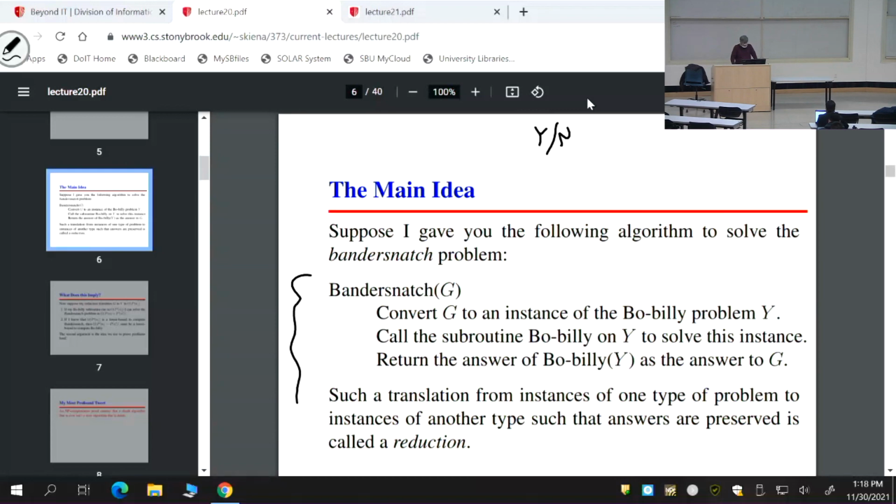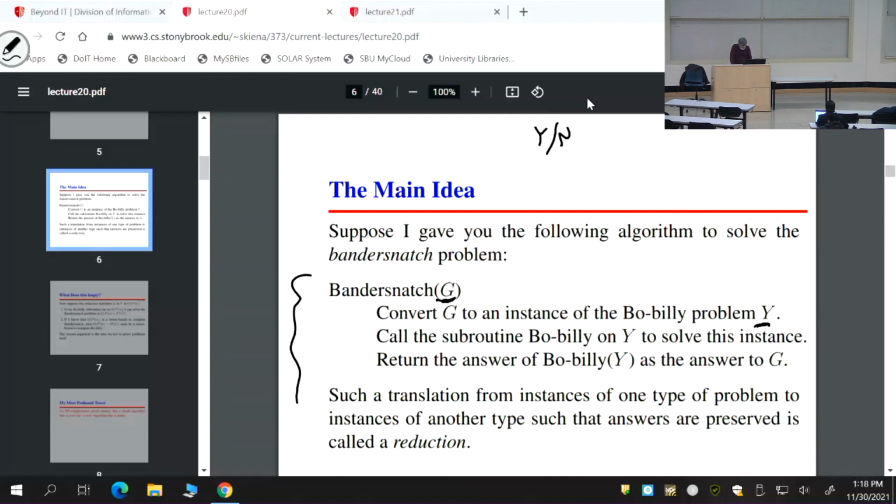And this Bandersnatch algorithm works in the following way. It translates the input of Bandersnatch, perhaps a graph, perhaps a set of logic clauses, perhaps points in the plane, perhaps whatever it was. It's G. And it translates it into a form Y, where Y is an input to something called the Bobilli problem.